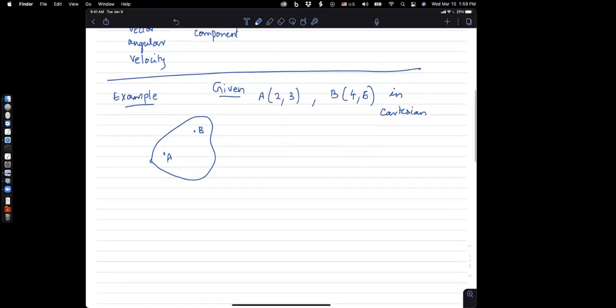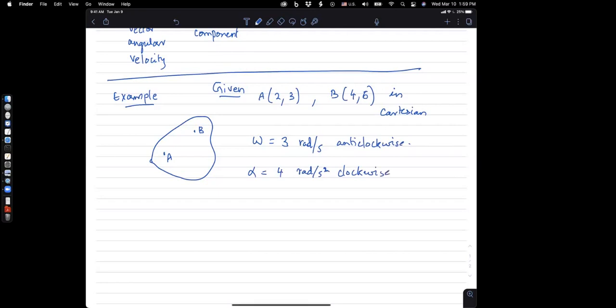And let's say omega is given to be 3 radians per second anti-clockwise, and alpha equals, let's say, 4 radians per second squared clockwise.